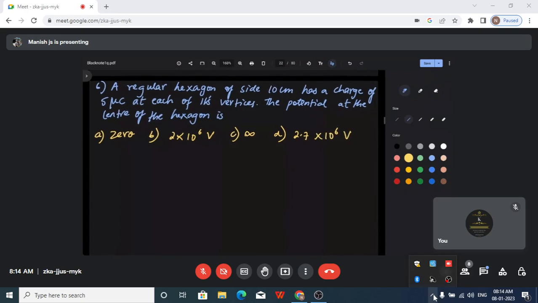Yes, இது ட்ரை பண்ணுங்க. So regular hexagon என்னது? It is a polygon with 6 sides. இல்லையா? All the sides are equal.